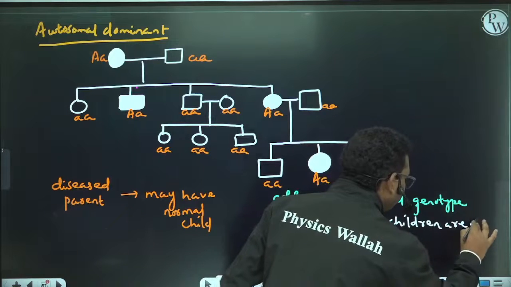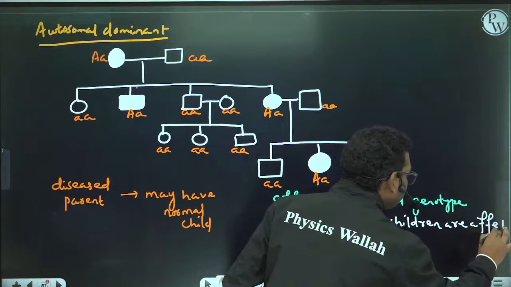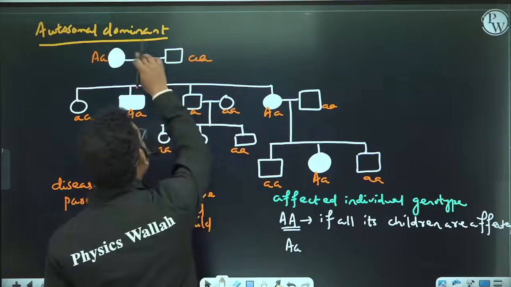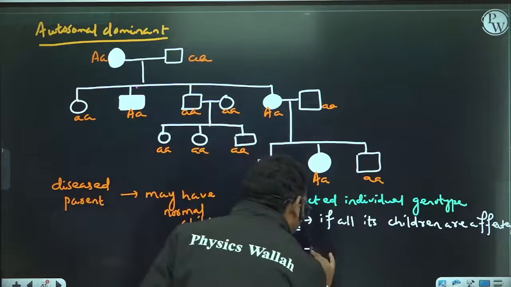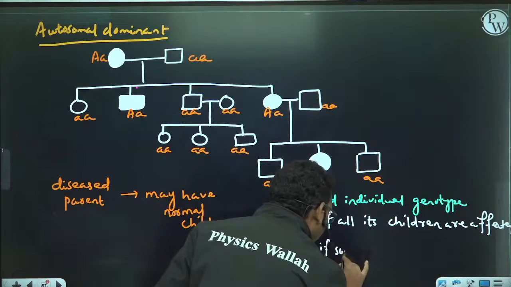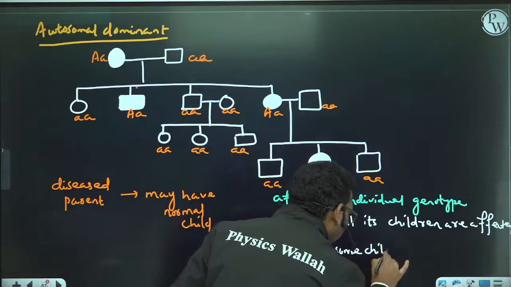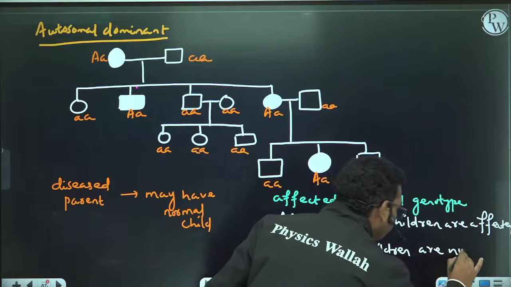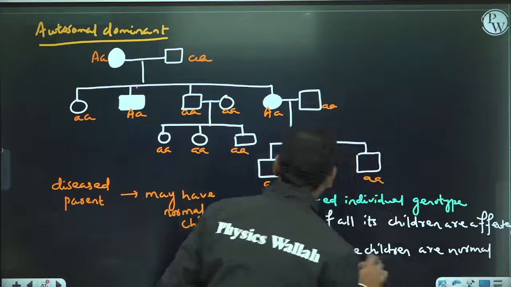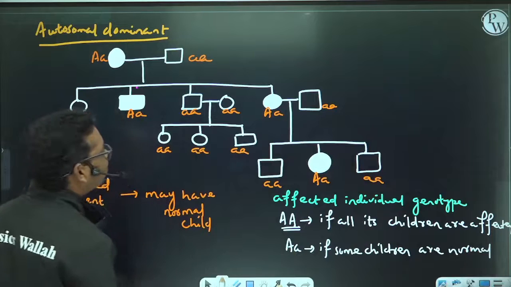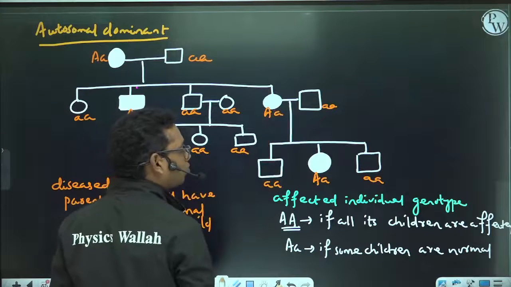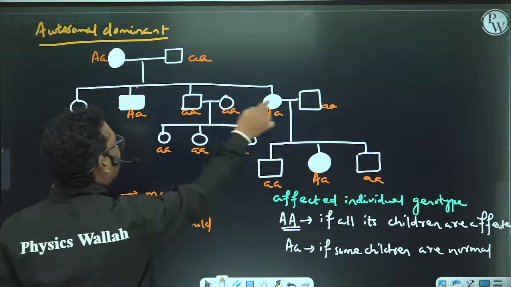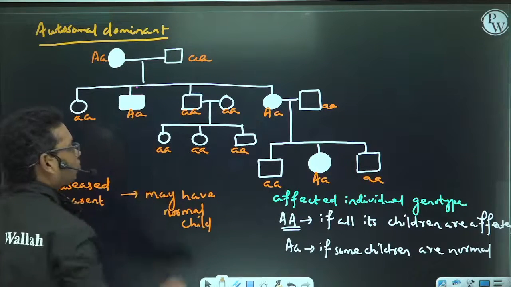If all its children are affected, then I will take capital A in case of autosomal dominant. And if some children or a child are normal, then I will take capital A, small a. See, in this case this is affected and some children are normal. That is why I have taken capital A, small a.